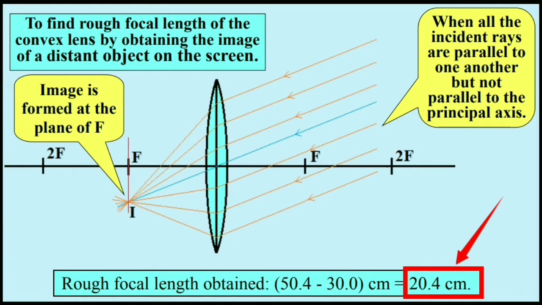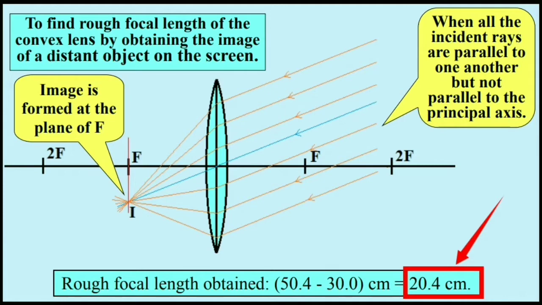Here we have another diagram. In these two diagrams, the difference is, in the first diagram, incident rays are all parallel to the principal axis, and hence in that case the image obtained is at F on the principal axis.